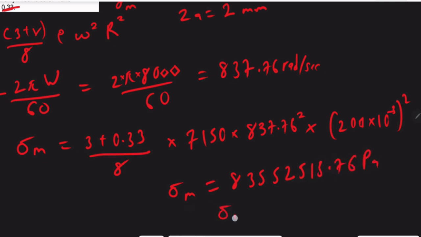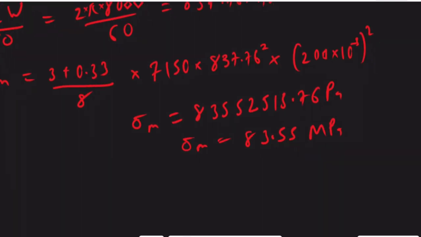Converting this to MPa, we divide by 10 raised to power 6, which will give you 83.55 megapascal. So now we have the stress that is acting upon the flywheel when you're spinning it at 800 RPM.